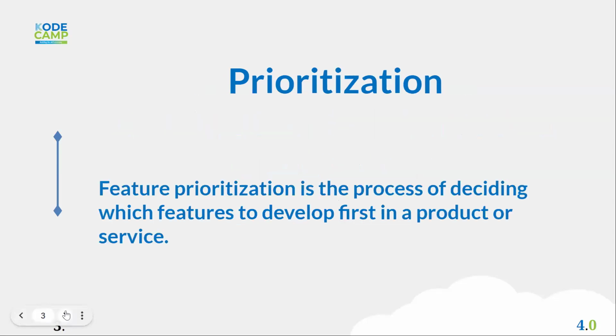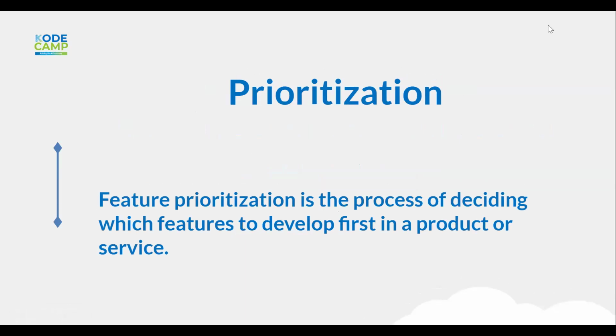So feature prioritization is a process of deciding which feature to develop first in a product or service. Most often, we designers don't really do the feature prioritization, but it's always advisable, after you're done with your research and you're able to identify the problem that you want to solve, bearing in mind that you can't really solve everyone's problem.